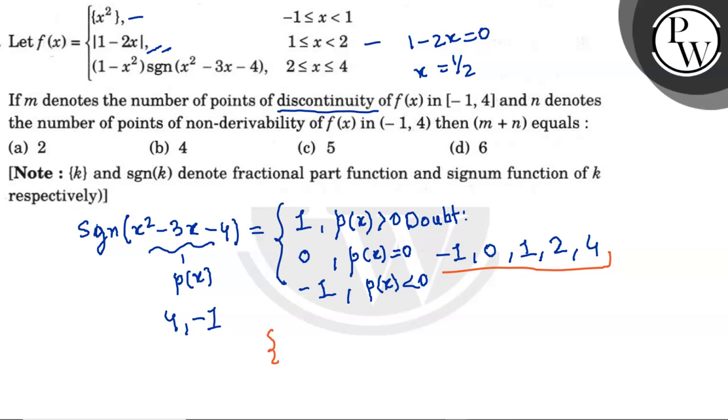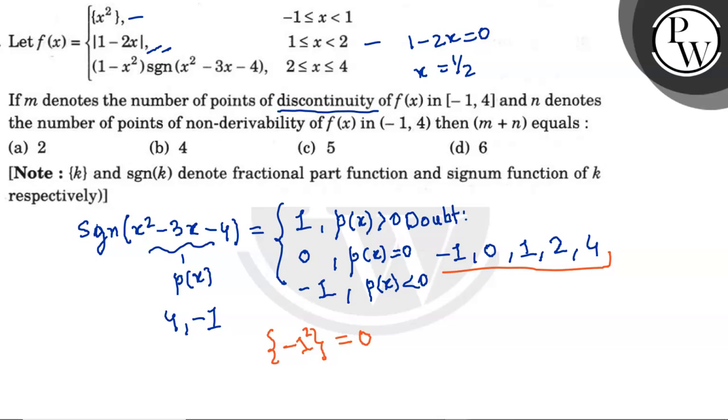So the fractional part equals 0, and if you substitute -1 in the signum function, then it would be zero as well.